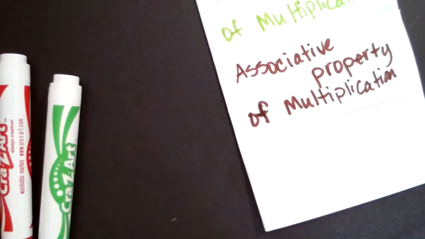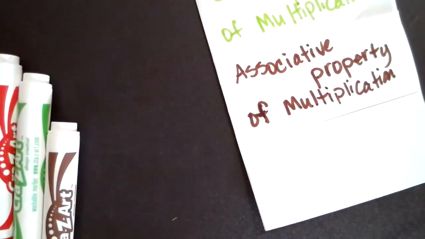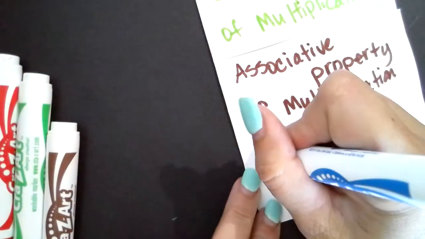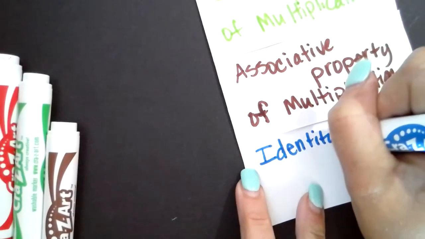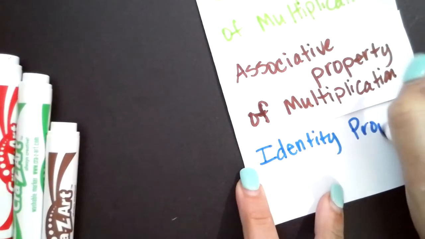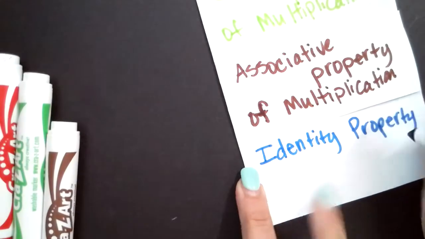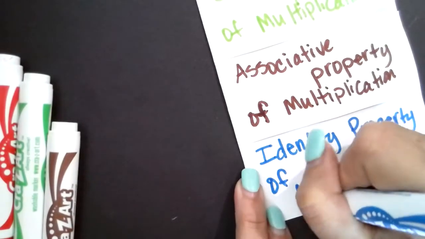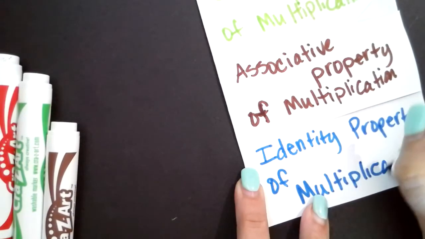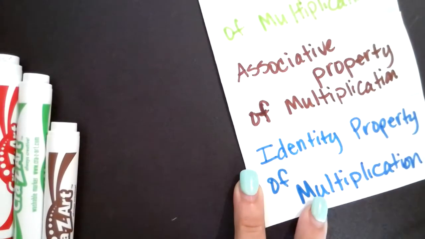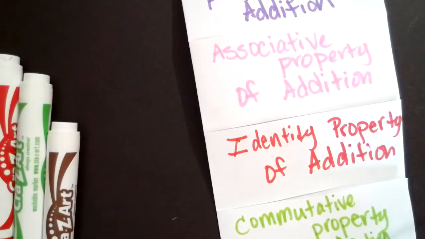And then the last door is going to be identity property of multiplication. Identity property of multiplication. Okay. All right, so we have our 6 properties written down.